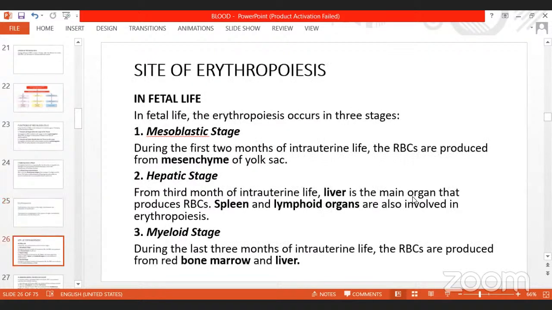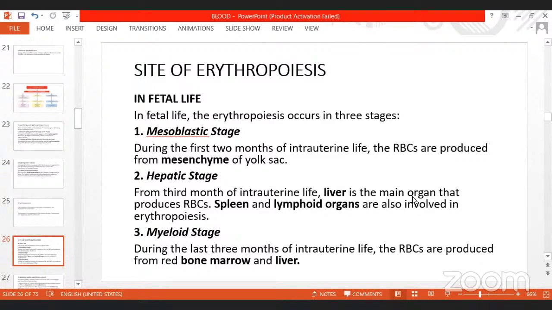In fetal life, the RBCs are produced in 3 stages, that is, mesoblastic, hepatic, and myeloid stages. In the first 2 months, the RBCs are produced in the mesenchyme of the yolk sac.